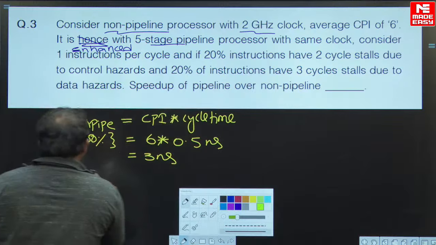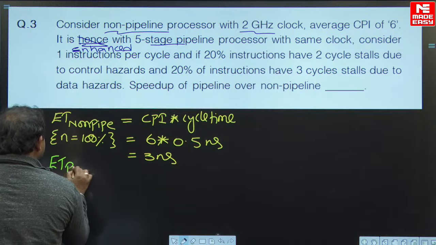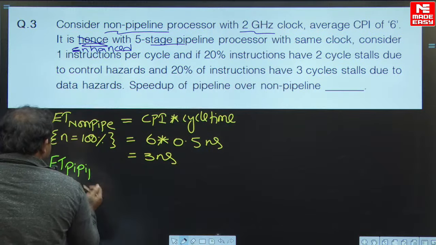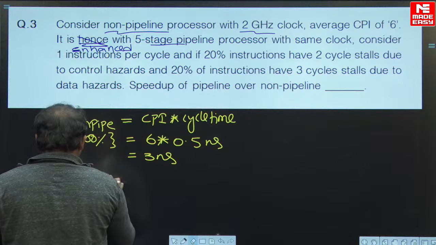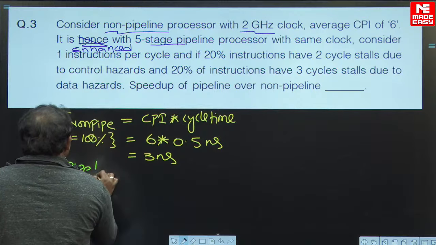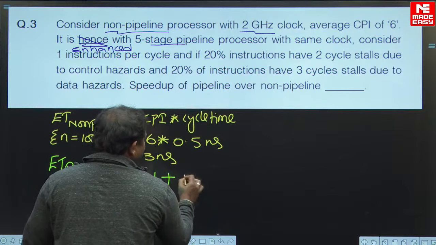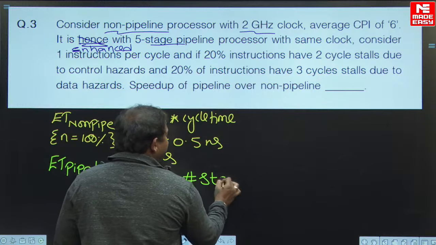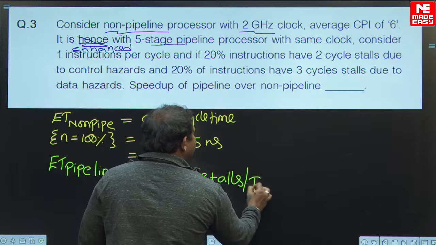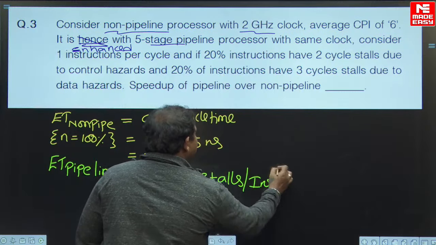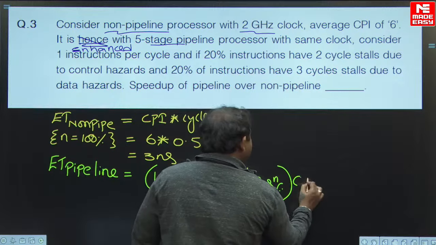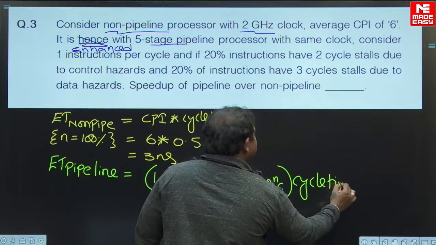Now come to the execution time of the pipeline. On average, every instruction takes 1 cycle. Due to the dependencies, there are extra stalls present in the pipeline, into cycle time. This is the formula.